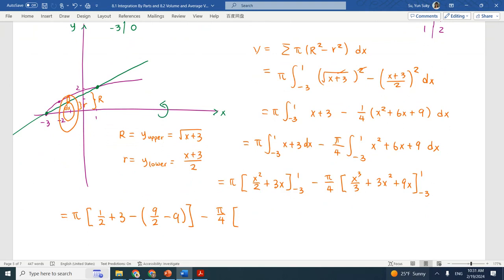Second part, we plug in x is 1. What do you get? 1/3 plus 3, right? Plus 9, minus, we plug in negative 3. Okay, let's see when we plug in negative 3. What happens? Negative 3 cubed is negative 27. But divided by 3, negative 9.